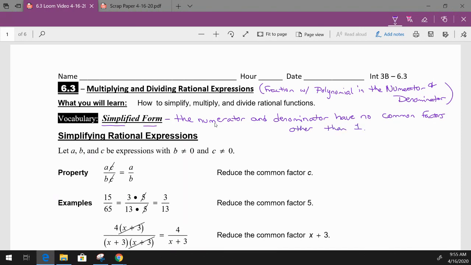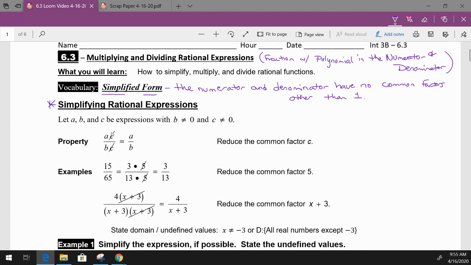Because all polynomials have a common factor of 1. All numbers have a common factor of 1, but 1 does not help us reduce. So then we get to simplifying rational expressions. So that's what we're going to do first.